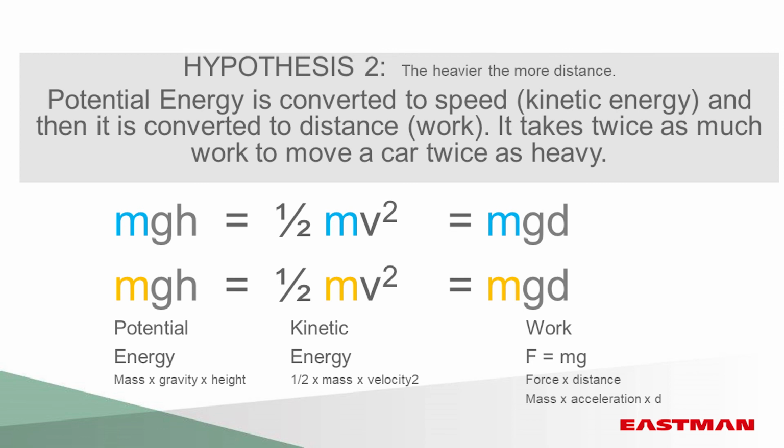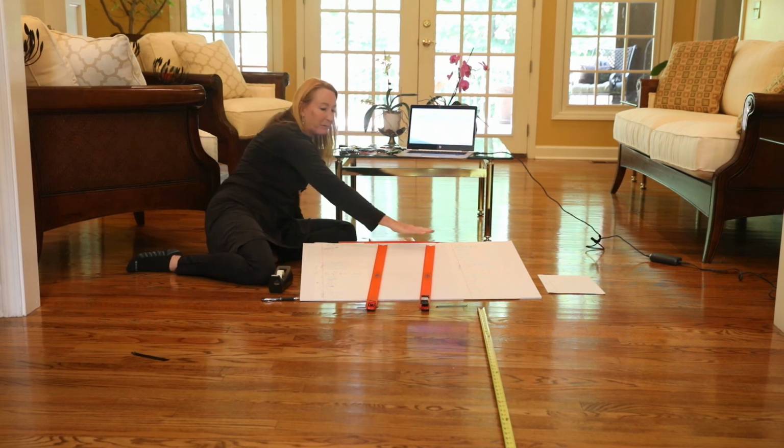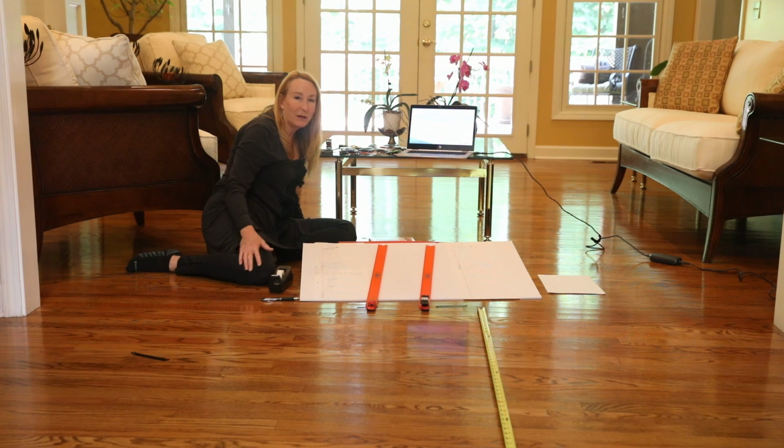So when your mass is more, so we'll pretend that yellow is the car that weighed double, when your mass is more, you have to do more work. So you end up going the same distance. So when your mass is more, you have more potential energy up here, and you have more speed at the bottom of the ramp. But it didn't go any further because you have to do a lot more work to move things that are heavier.